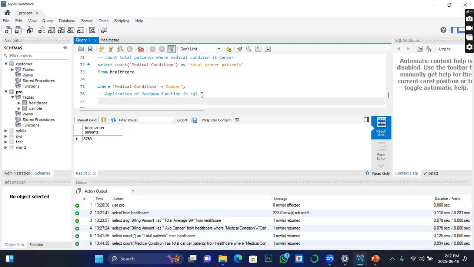The question: what is the maximum billing amount?